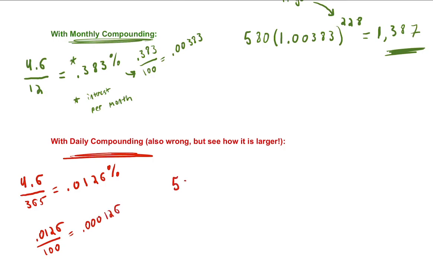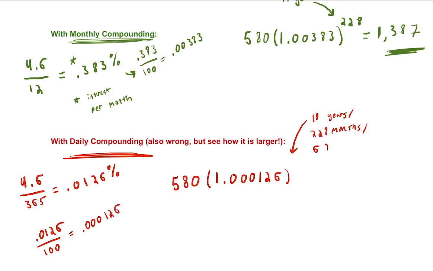But I'm going to take my 580. I'm going to multiply each day, right? Now it's every day I get to run this calculation. And so what goes here is 19 years, 228 months, and if we do 19 times 365, we get 6,935 days.